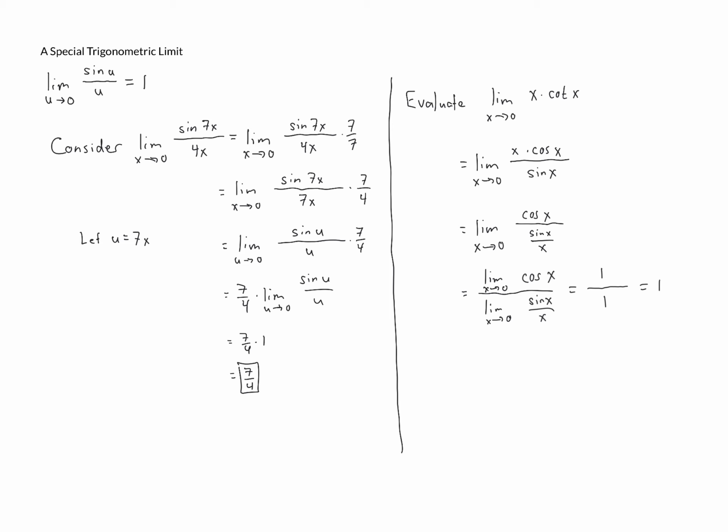It's a tool that we want to add to our tool belt. We just need to make sure that whatever expression we have, we can rewrite it so that we have a limit of sine of x over x, or a limit of sine of u over u as x or u approaches 0. We need to get things in that form, and we've got several example problems that we can go through to see the different ways that we might encounter this.